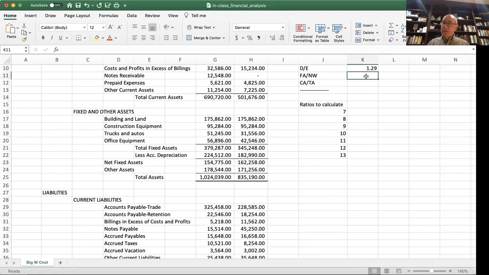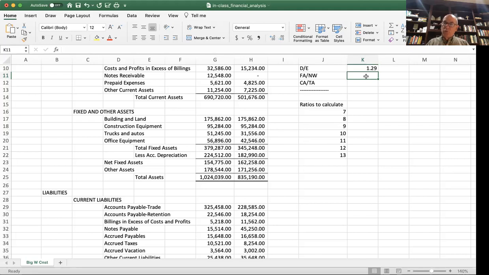So that tells us that the equity held in the firm in the form of owner's equity and retained earnings is not sufficient to pay off all the debt, and that's not uncommon. We don't step back in horror. It's not necessarily a bad thing, as we'll see a little bit later when we talk about comparison from one company to another.